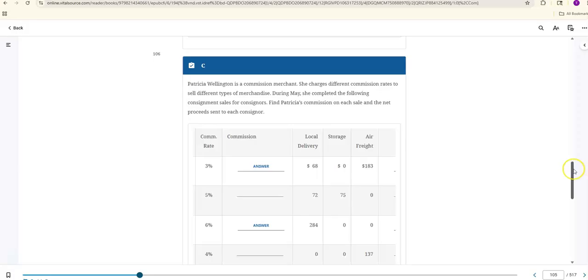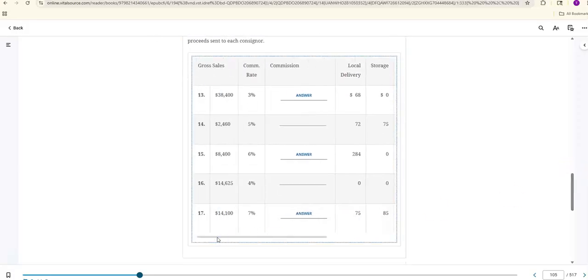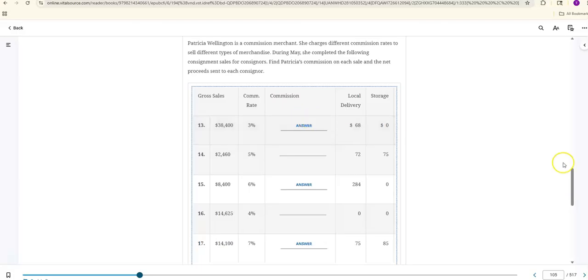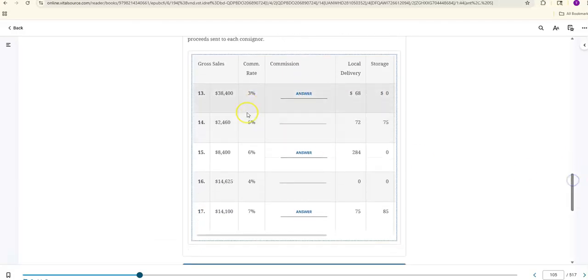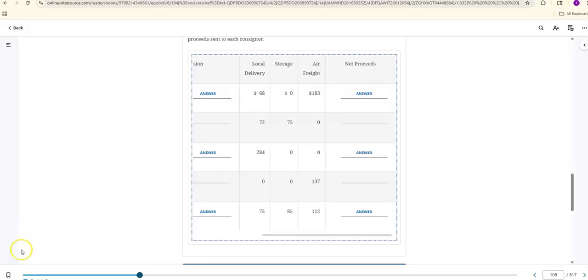When you get to section C, however, we have the scroll bar again on our horizontal line here. And keep in mind that for section C, and remember you're doing the even numbers, so for questions 14 and 16, you need to calculate the commission as well as the net proceeds.